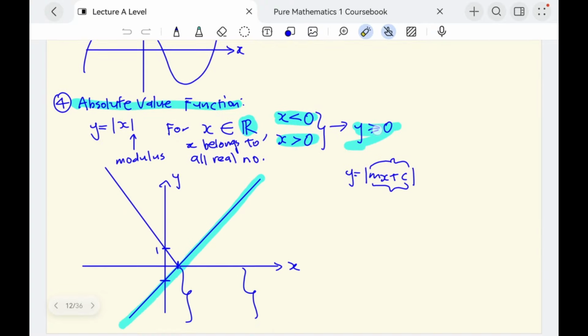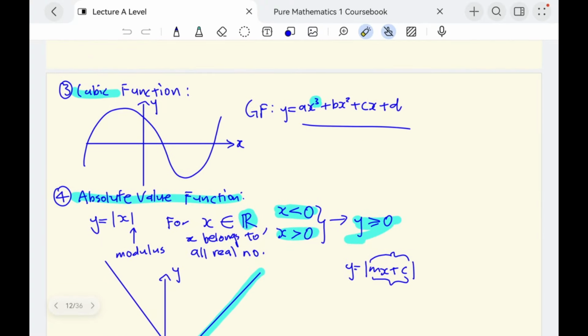All right. For the third function, which is the cubic function, you will only learn the general form, which is the third power. It is impossible for you to solve the cubic function using that ridiculous formula you have seen on social media, for instance YouTube or Instagram.